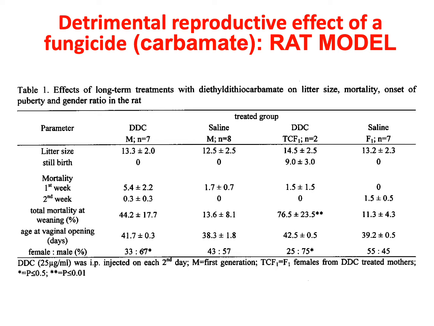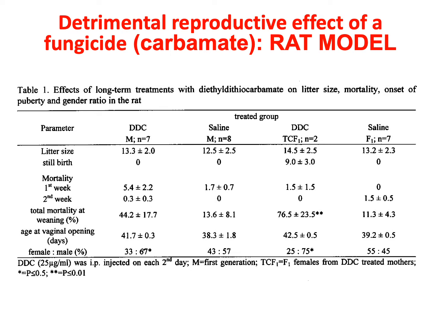And interestingly enough, the second generation was also treated and compared to physiological saline treatment, and you can see that the stillbirth is very high owing to the treatment. The mortality is very high: 2/3 of the animals died.